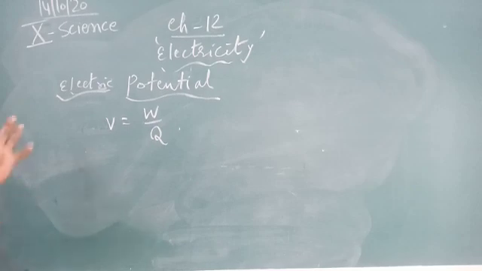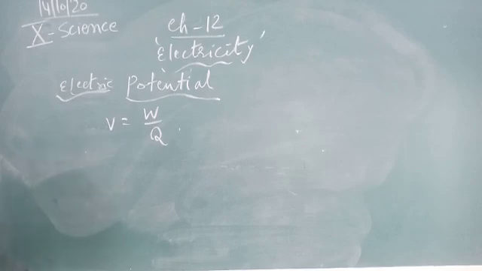So how to define in words the electric potential? The electric potential difference between two points in an electric circuit carrying some current is the work to be done to move a unit charge from one point to another point.